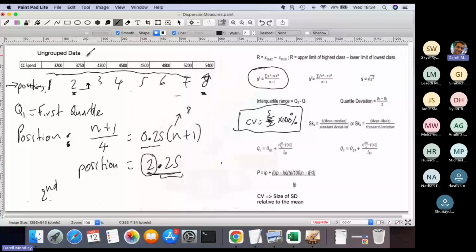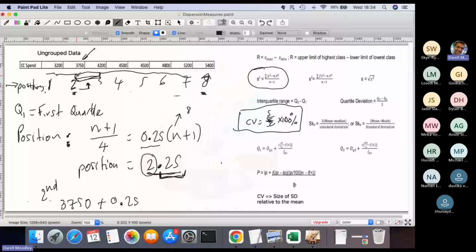It's this here. The number that corresponds to the second position, which is 3750. So 3750, that's the second number, plus, and this is where this decimal is going to come in now. The decimal is saying it's somewhere in between the second and third. And how much in between do we need to go? Well, that's what the decimal is. The decimal is 0.25.